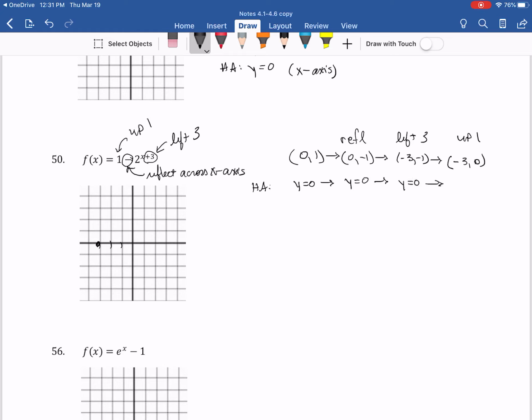But when you go up 1, now it moves up along with it. So the equation y equals 1 is your new horizontal asymptote. And your function needs to stay below. Remember how there was that reflection that flipped it downward? Okay, so we're going to move that downward, stay underneath the horizontal asymptote, and it's going to go something like this.